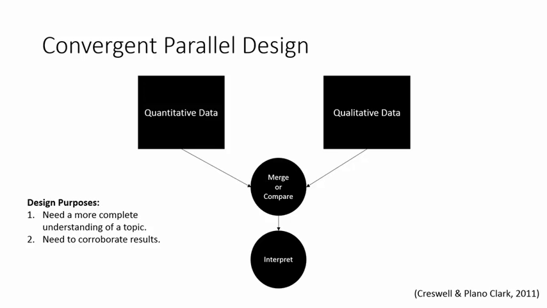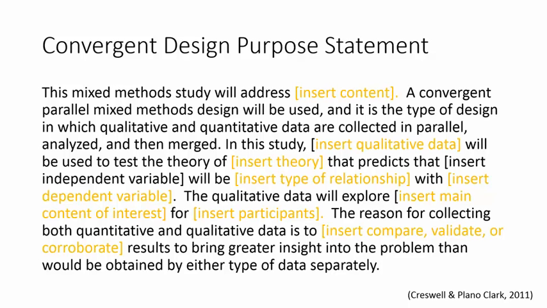Here's a sample purpose statement that I actually pulled from a textbook, but I thought this might be helpful to some people. You wouldn't have to use this exactly, you can always tweak these things and modify it to fit your writing style or what you're trying to communicate, but this is at least some language to help people do that. So we'll look at this mixed methods study. We'll address something about violent crime, let's say.